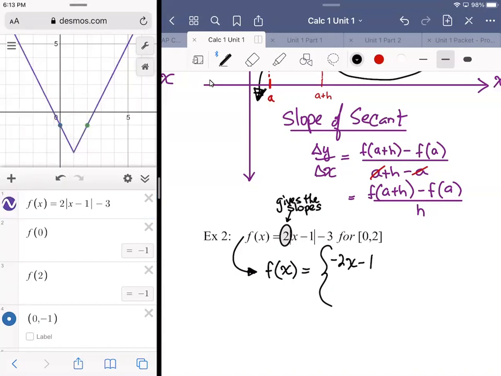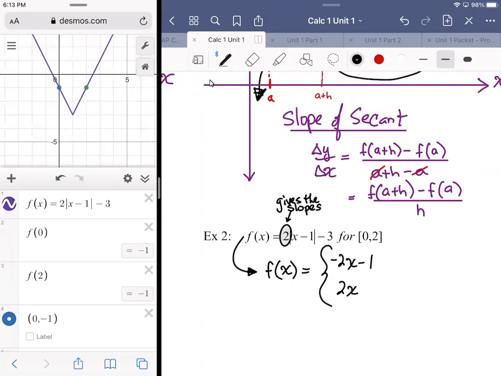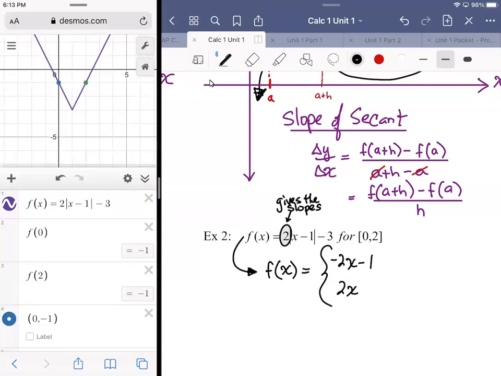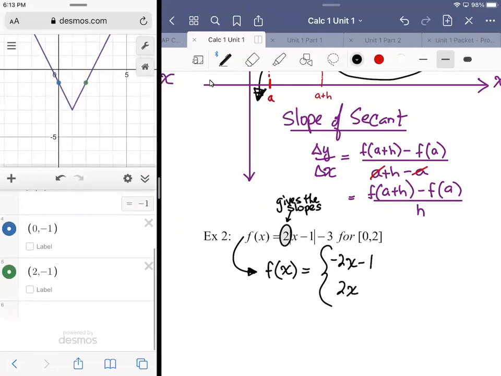The other piece is going to have an expression of 2x, and then what you could do is project backwards from this piece of the graph and trace it on down to 0, -5.